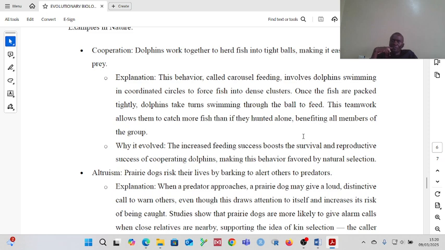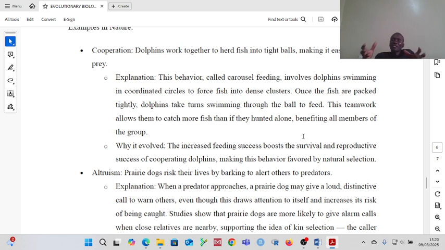So this behavior is called carousel fish feeding, where now the dolphins swim in coordinated circles so that they can force fish into some dense clusters. Once the fish are packed tightly, the dolphins can now make turns to swim through and obtain food.